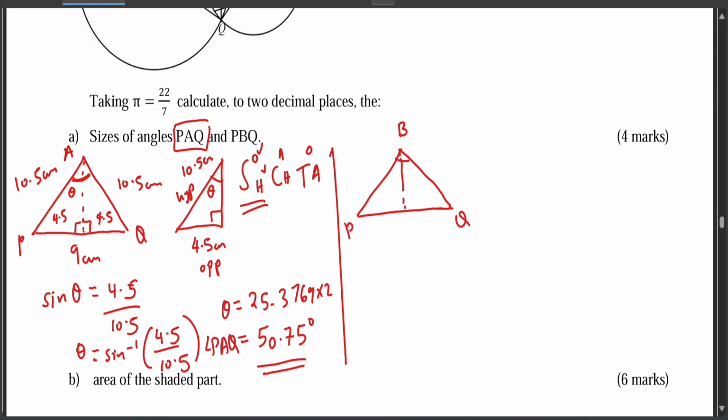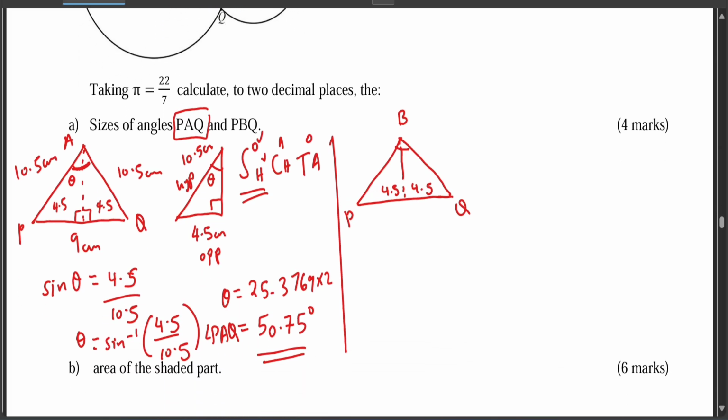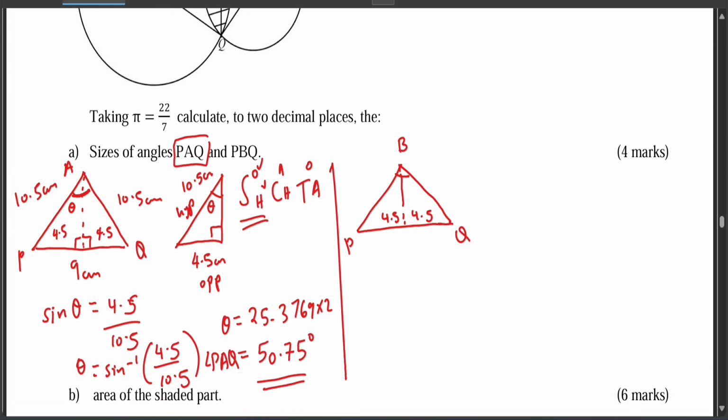Again, we're dividing it into 2. If you know this is 9, this will be 4.5, and the other one will be 4.5 centimeters. So the radius for that chord would be 8.4 centimeters, if I'm not mistaken. Yeah, so it's 8.4 centimeters.